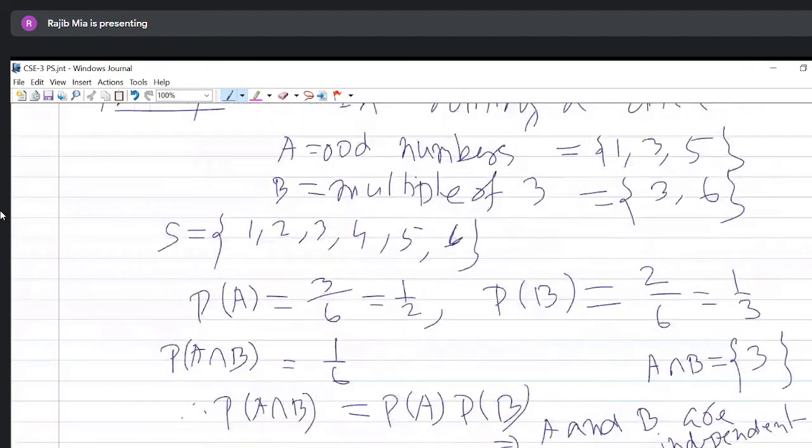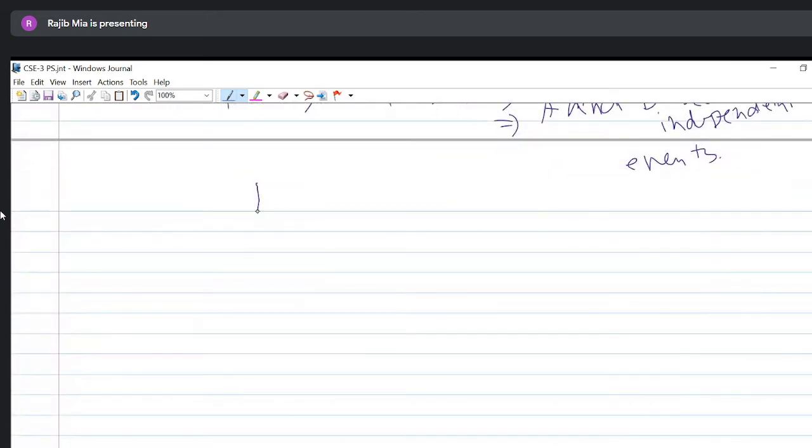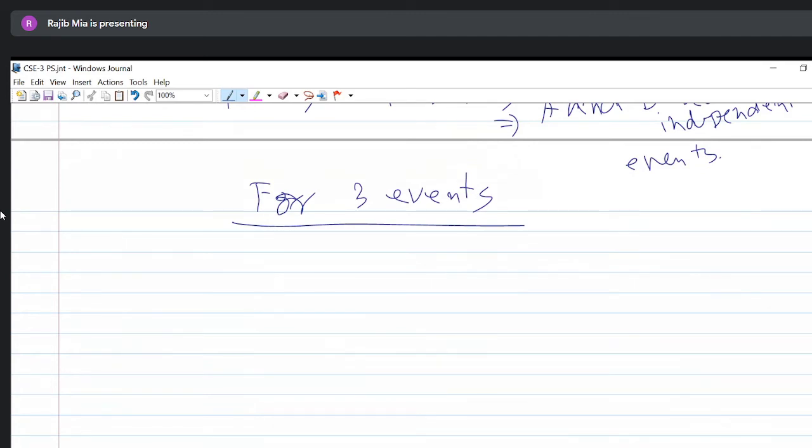Okay. So next, for three events. For three events, we use two terms for independence of events. One is pairwise independent, another is mutually independent. What is this?